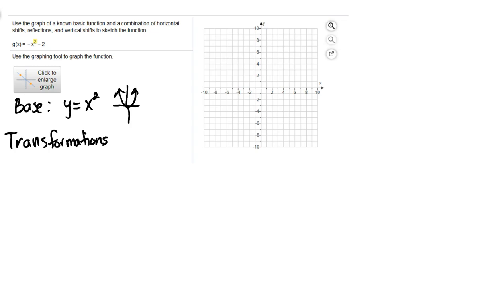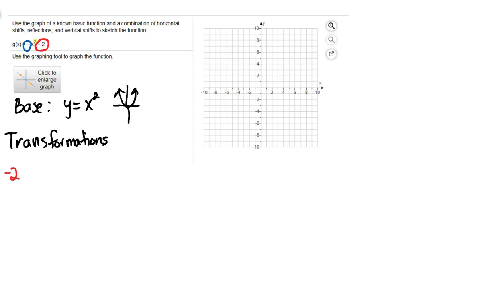So I've got a transformation right here of -2 and a transformation right here of this negative. Those are things that are going to change what the original graph looks like. So let's start with that -2.